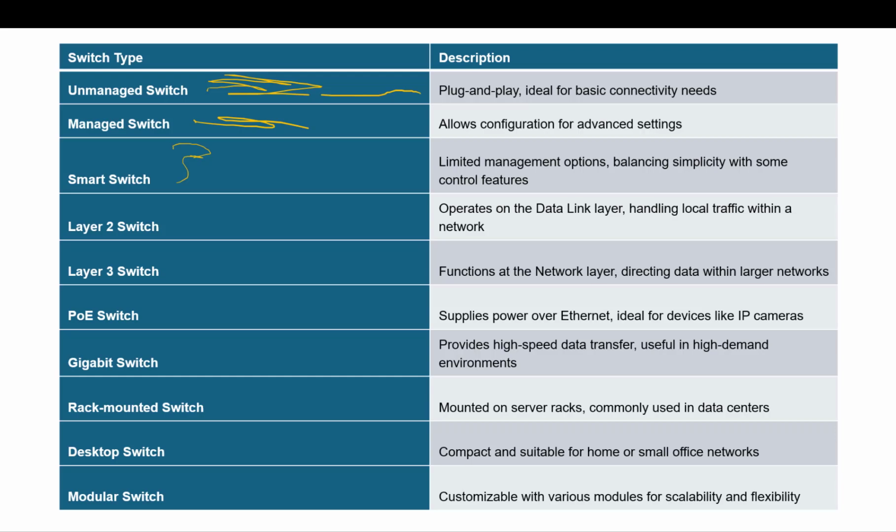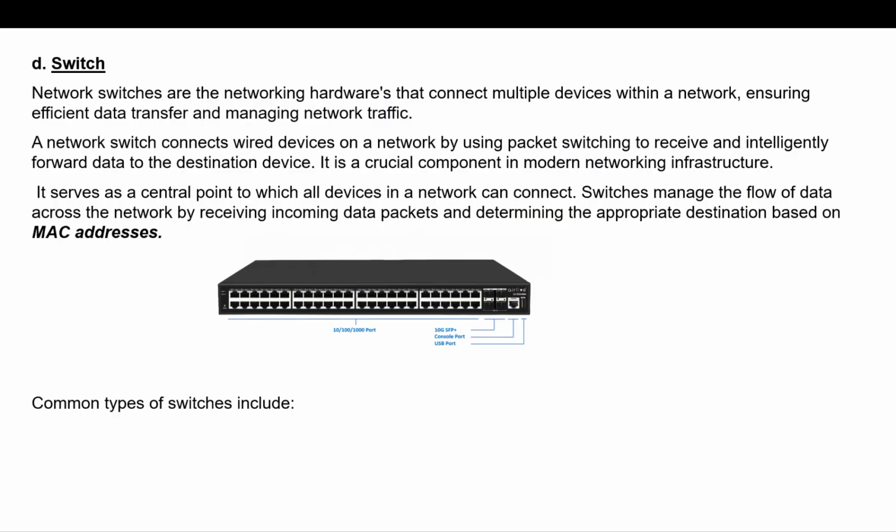So we talk about the layer 2 switch. Layer 2 switch is deep, but we have to talk about it in a more advanced way. It operates on the data link layer, handling local traffic within the network. When you talk about a layer 2 switch, it's only responsible for the MAC address. Like I said, the MAC address is the personal address of the device, whether it's a laptop, tablet, or phone, when it comes to networking, and the address will be recognized.